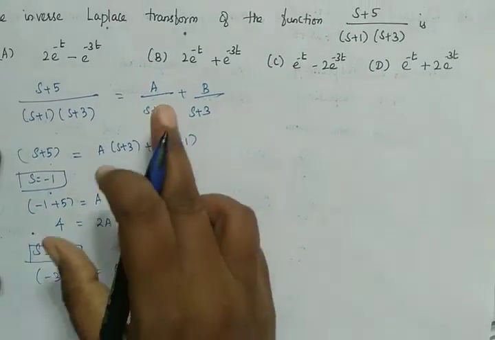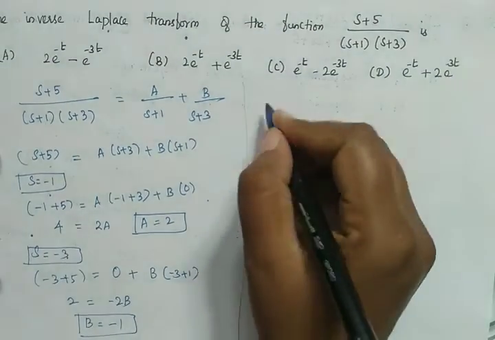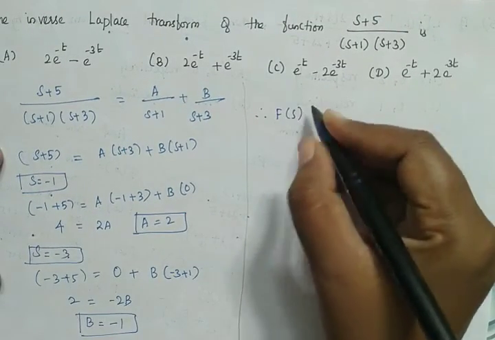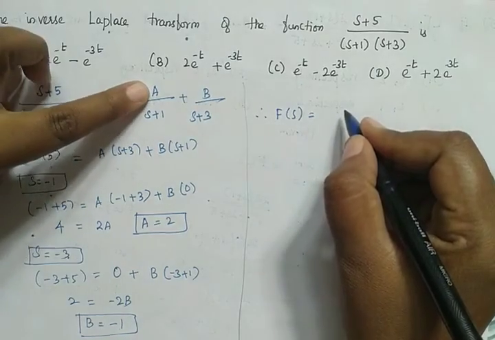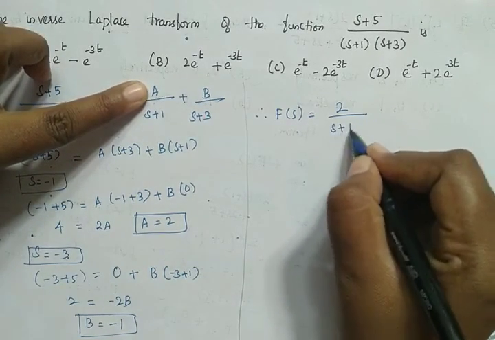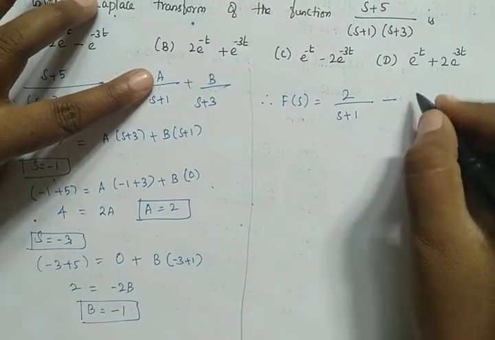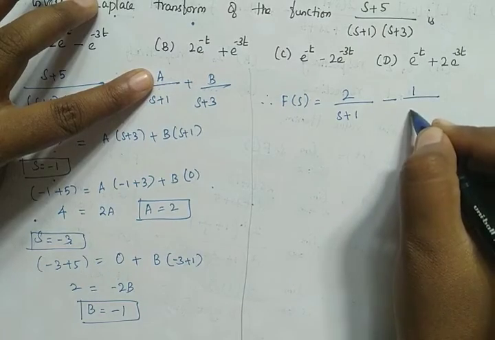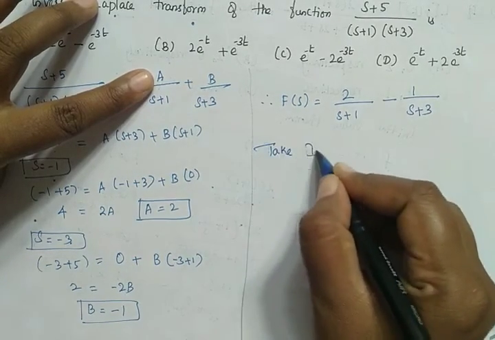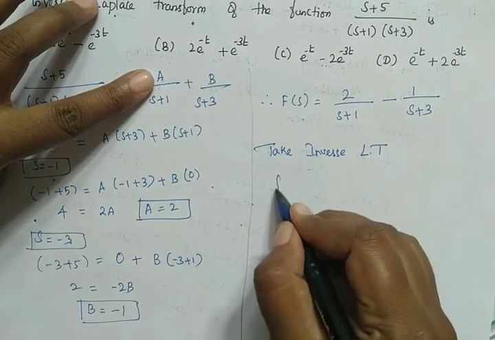So finally we can substitute here. f of s will be equal to, instead of a we substitute 2, so 2 divided by s plus 1 minus, because b is minus 1, 1 divided by s plus 3. Now take the inverse Laplace transform.